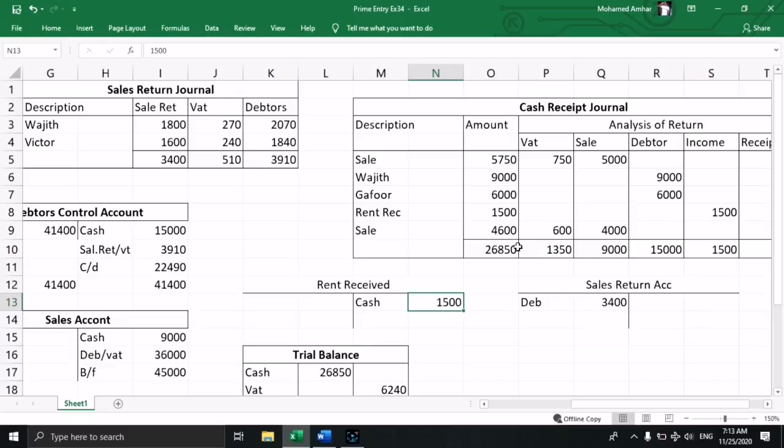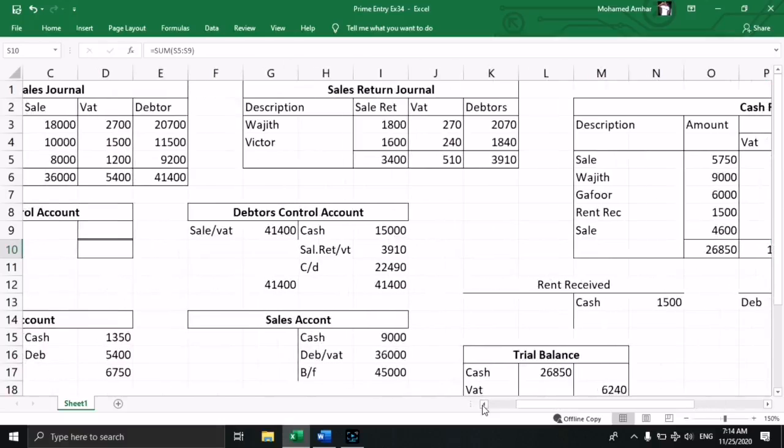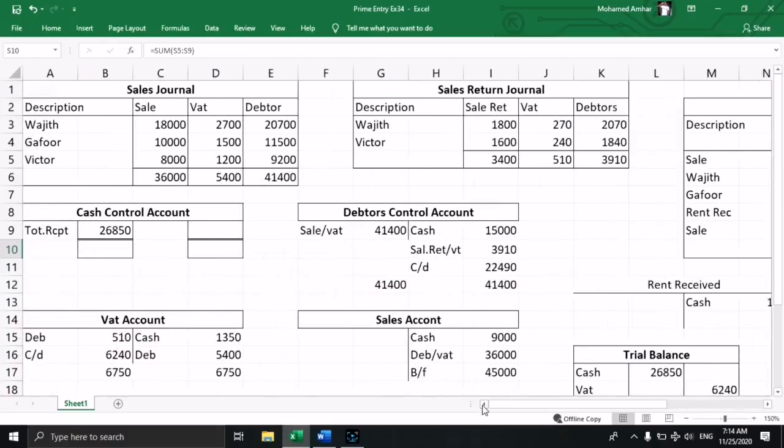Right, now I think you would have understood: the total of the cash received is debited to cash control account and credited to other accounts, VAT, sales, debtor and rent received. Okay, now we have only 3 journals. We transfer the amounts from these 3 journals to ledgers.